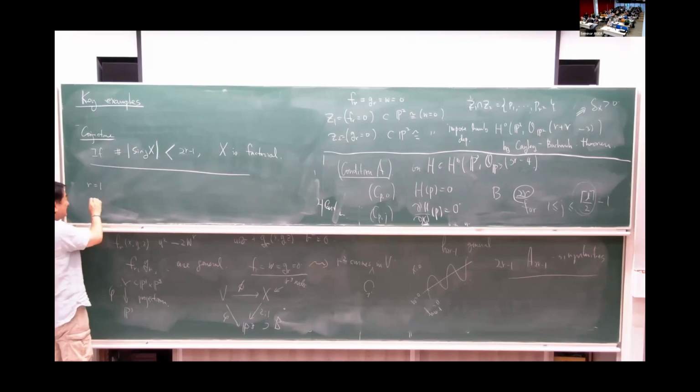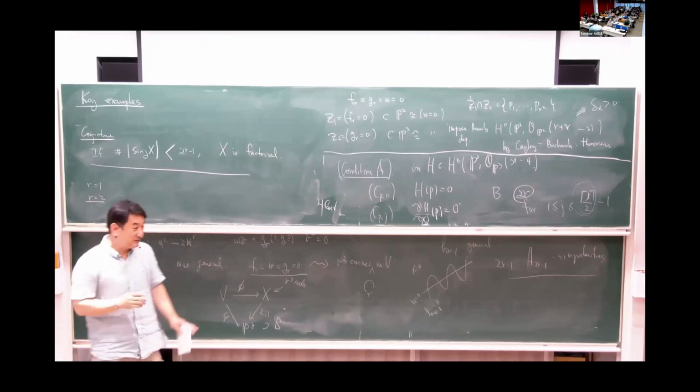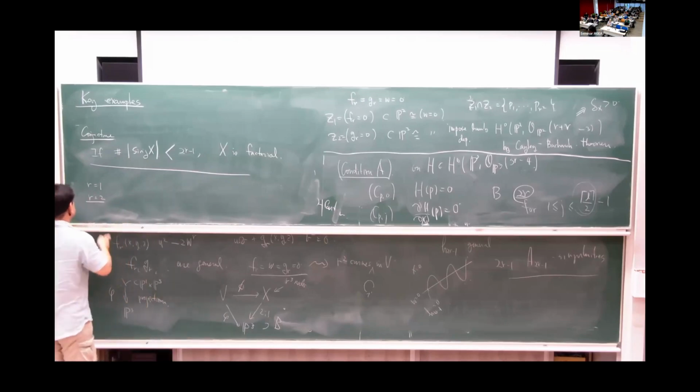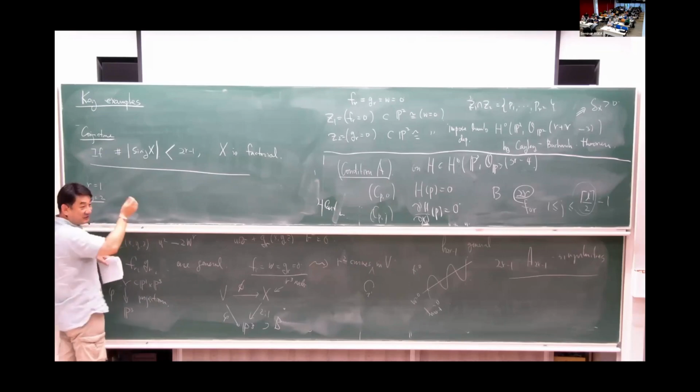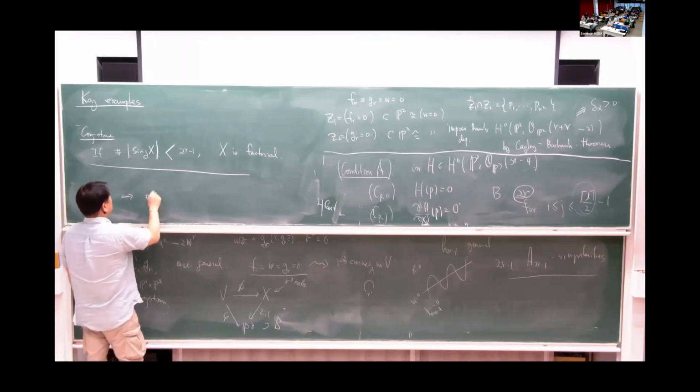And this is about 2 singular points, and still I don't have a proof with this condition. 2r is the degree, so if r is 2, then it's about 2 points.